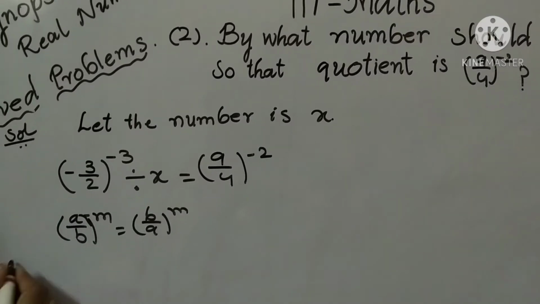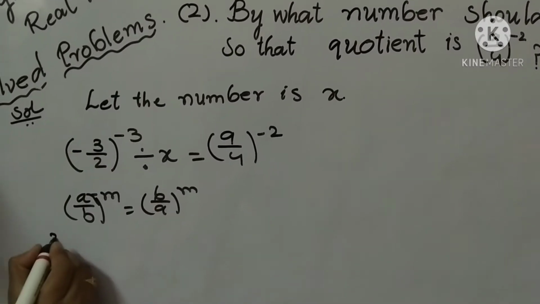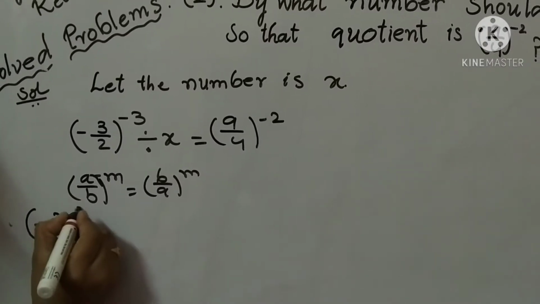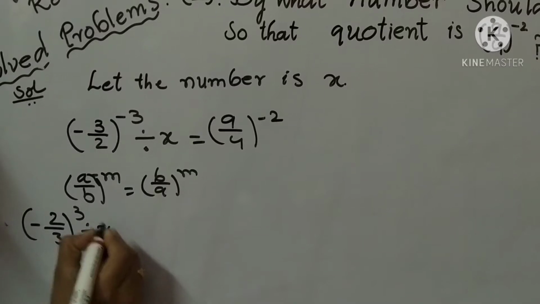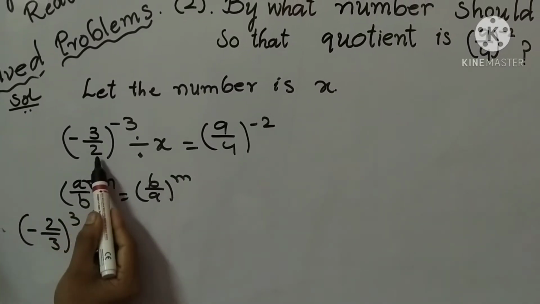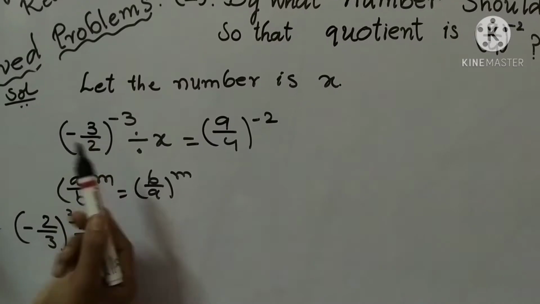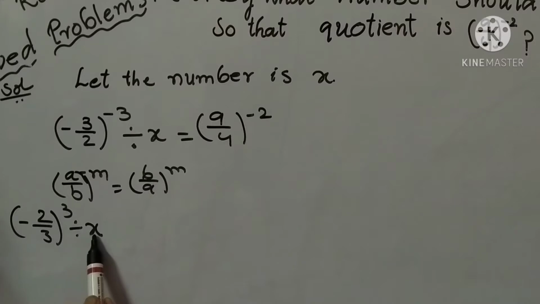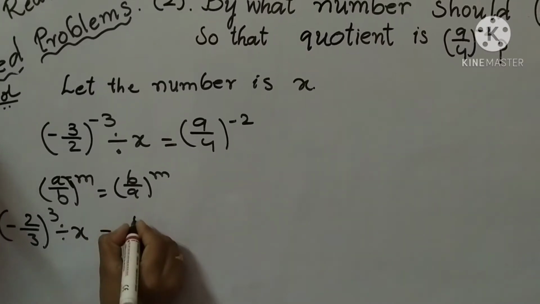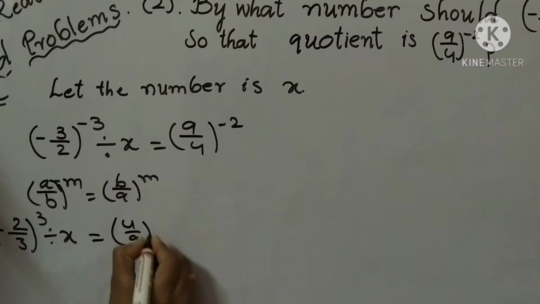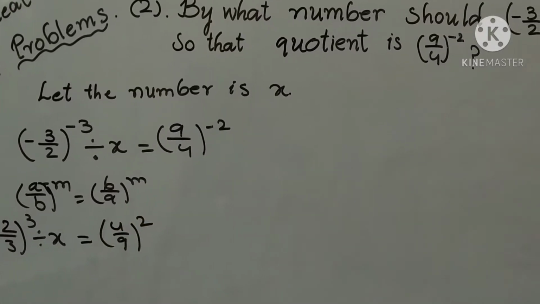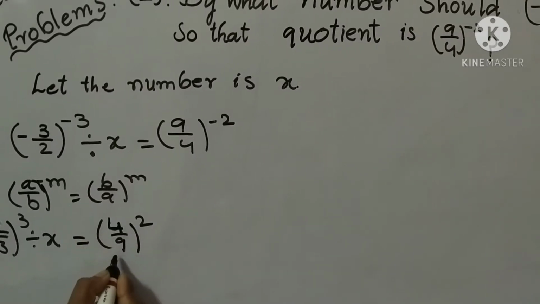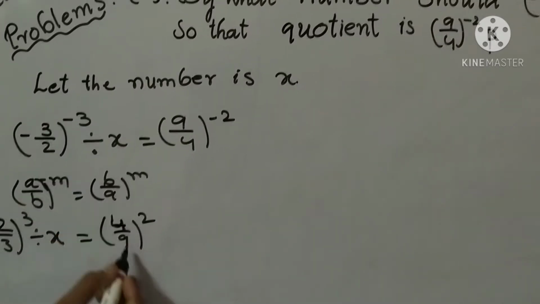So here we write (-2/3)^3 divided by x, applying the laws of exponents. Change the numerator to denominator and denominator to numerator. So (-2/3)^3 divided by x is equal to (4/9)^2. Did you understand? Change the numerator and the denominator.